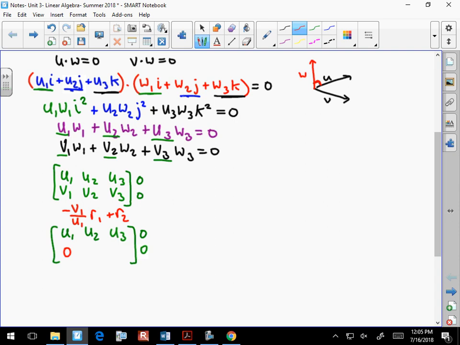At a minimum, I don't think I've seen anybody try to do it this way before, so that'll be something for you. Also, there may be a reason why nobody does it this way. Okay, so negative u2 v1 over u1 plus v2.